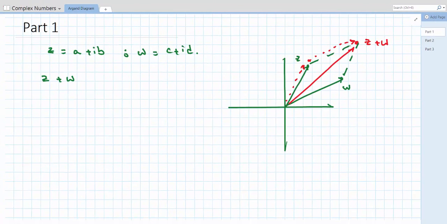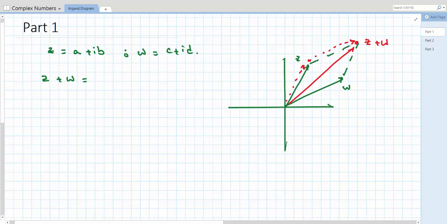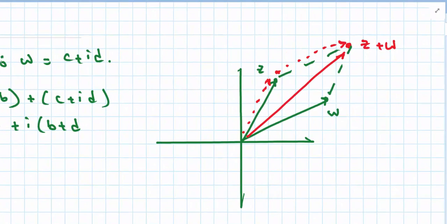So if we have a look at algebraically what that means, that's a plus ib plus c plus id. The real part is a plus c, and the imaginary part is b plus d. Now let's look at what's happened on our vector diagram.